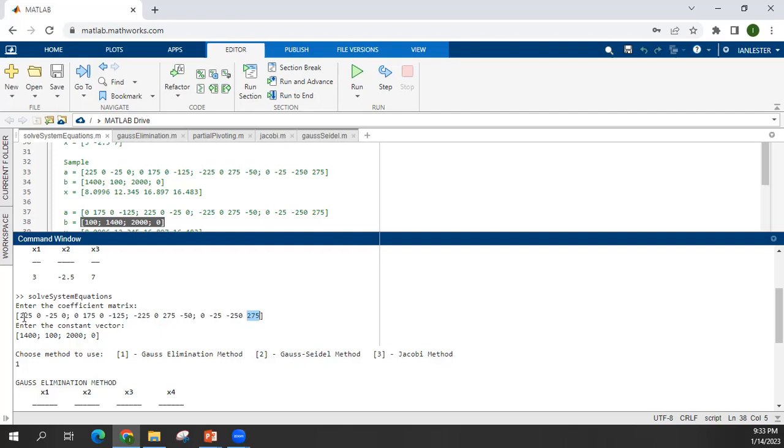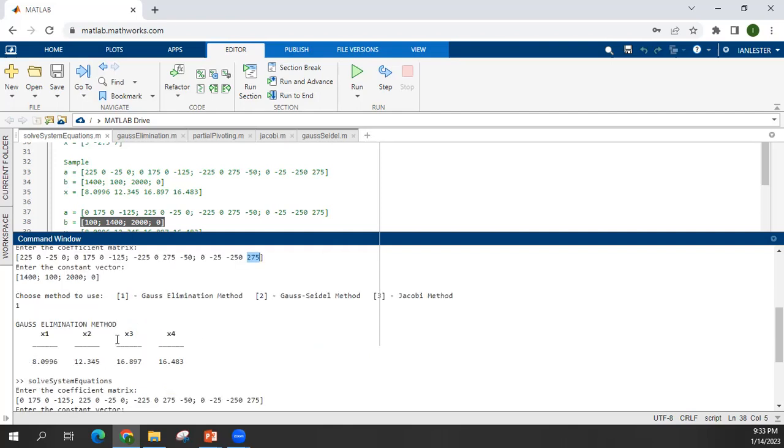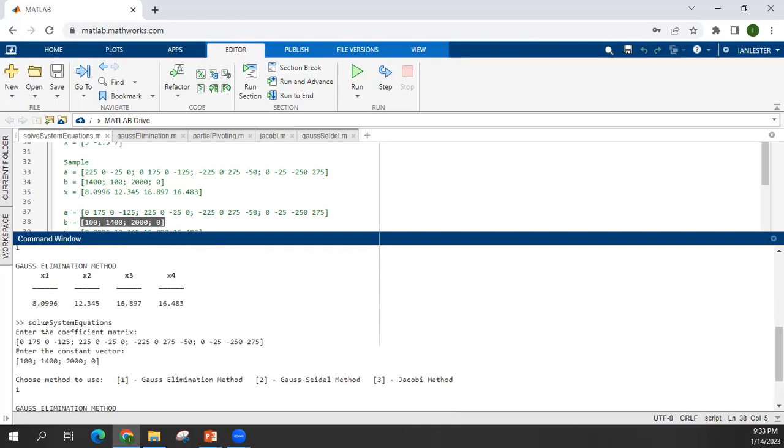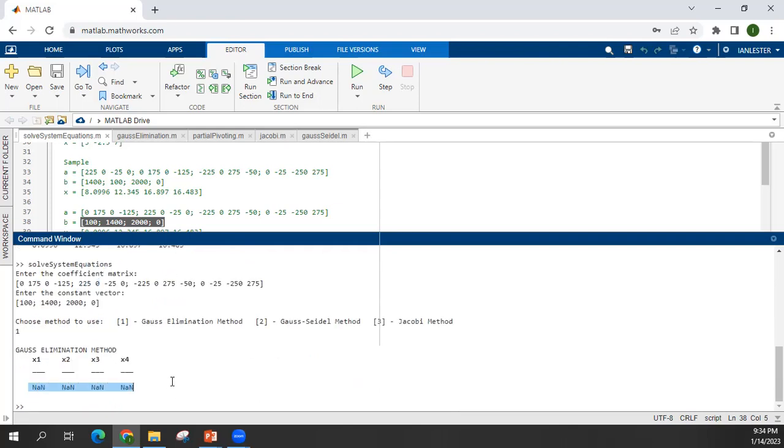So the diagonal elements are non-zero, hence it gives us the answer. However, if we rearrange the same set of equations such that the diagonal elements A11 and A22 are 0, there is now a division by zero. That's why it returns not a number.